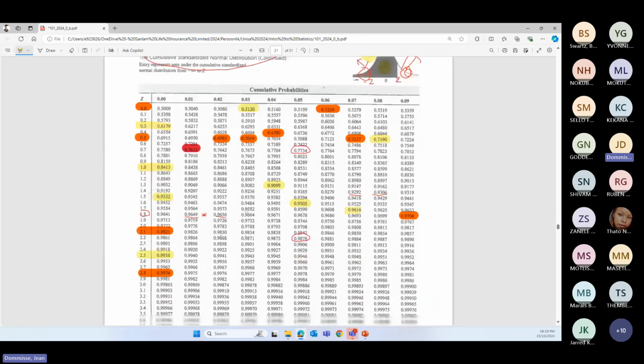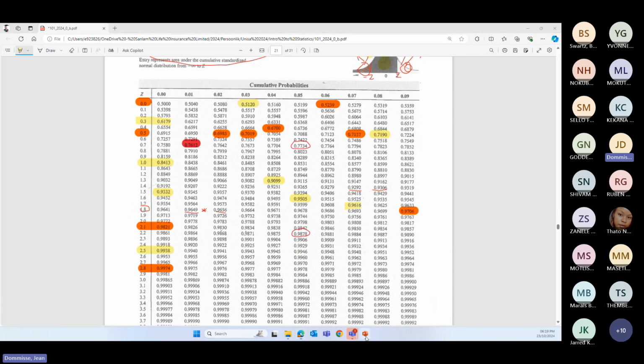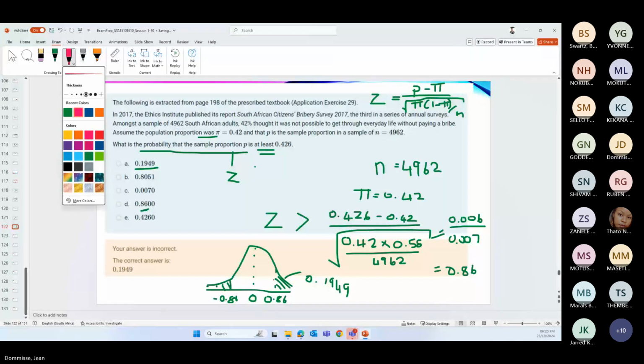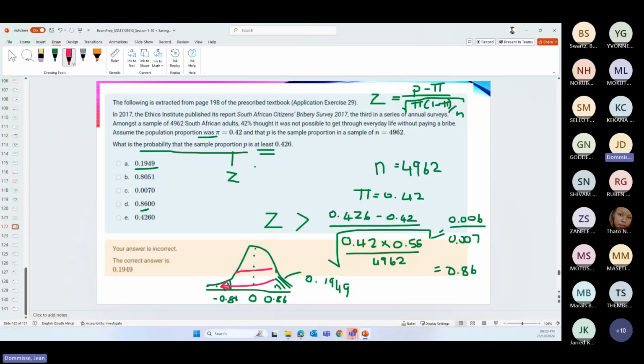So again, if you wanted to use the positive table, you can do that, but then we need to remember that where it is 0.86, 0.8051 is this area. So if we want to get to that green area, we need to say 1 minus 0.8051, to get to 0.1949.